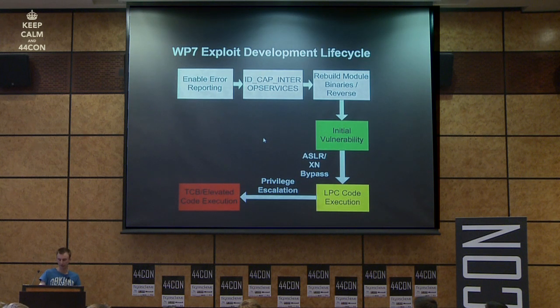But you still have to beat the exploit mitigation techniques, ASLR and XN, to get full arbitrary code execution. So my colleague Nils and I sat down and thought about this for a while, and we figured out a way of bypassing ASLR and XN, and we got around that protection.